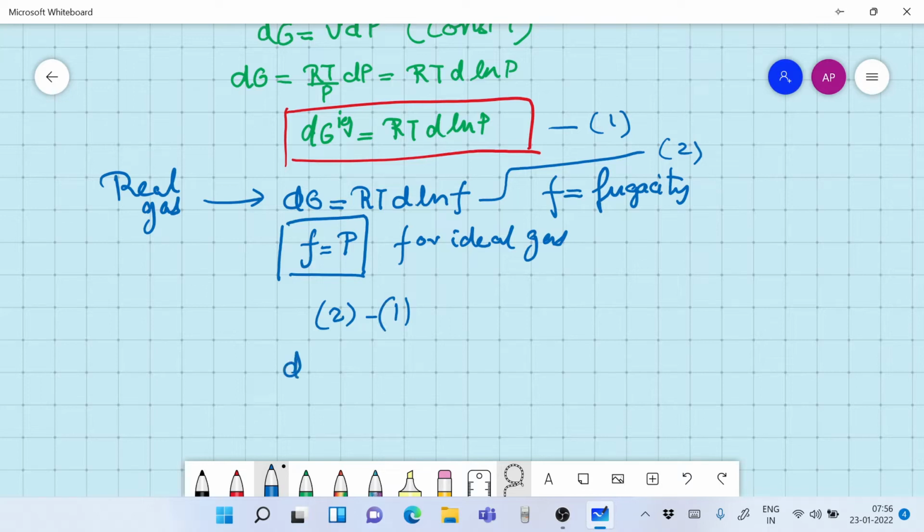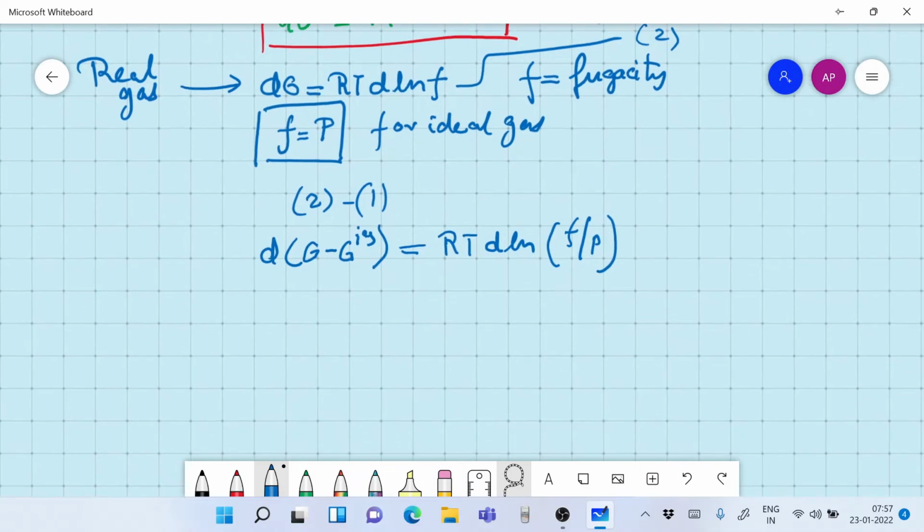So we get dG minus dG ideal gas is equal to RT d ln of f over P. Now this is written as RT d ln of phi, where phi is defined as the fugacity coefficient.